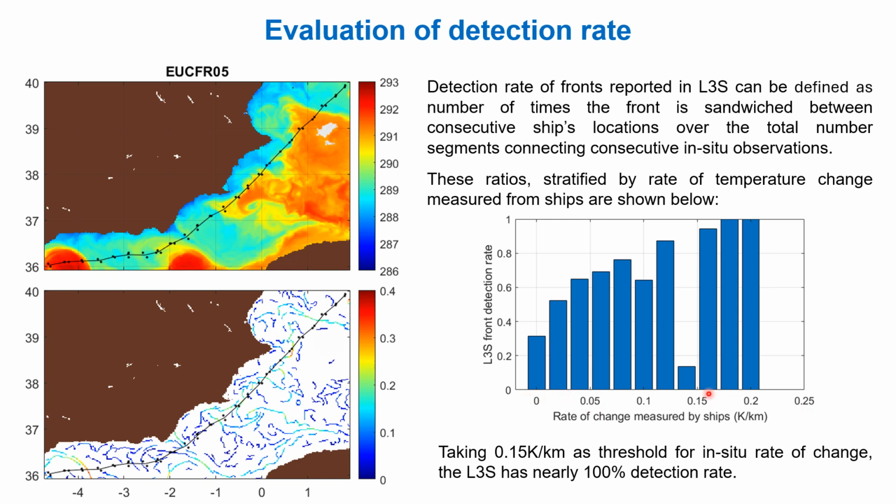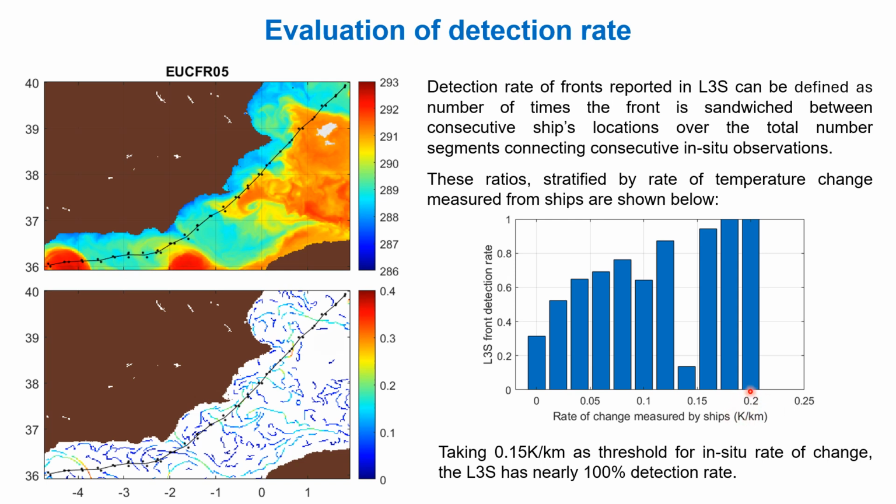So this bar plot shows the distribution of the front detection rates by rate of change measured by the ships. So we'll consider the two extreme cases, the very first bin and the very last bin. The very last bin corresponds to all of the instances where the ship's rate of change was around 0.2 Kelvin per kilometer.